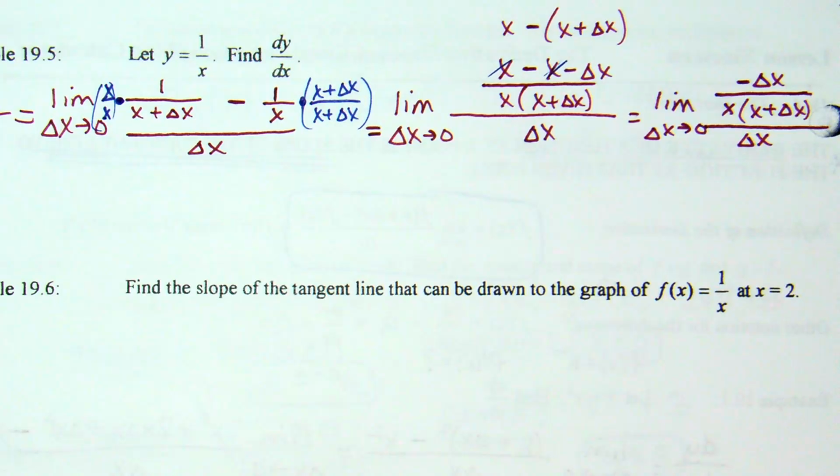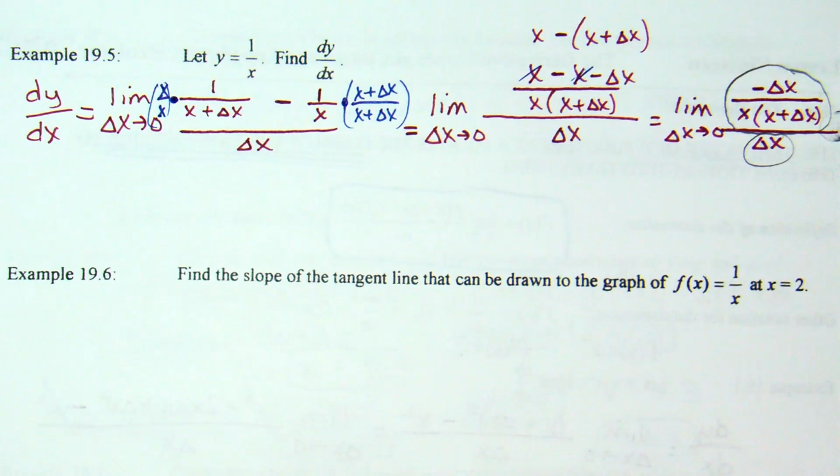I see fractions within fractions. How can I deal with fractions within fractions? Multiply by the reciprocal. Are we seeing the same fraction within a fraction? My top fraction is that whole thing, and my bottom quote fraction is delta x. So let's write this out.